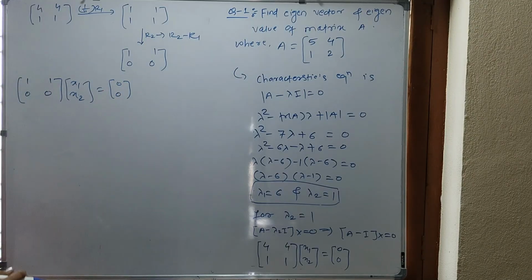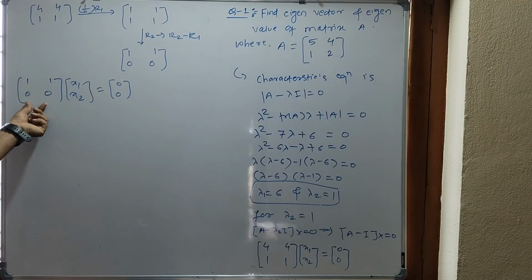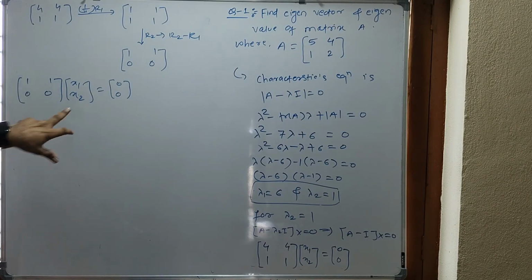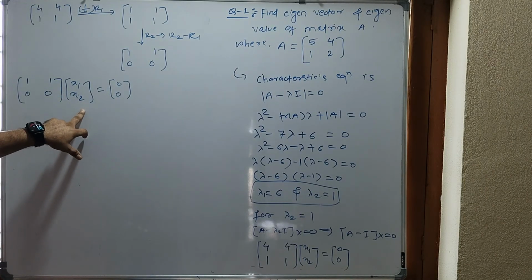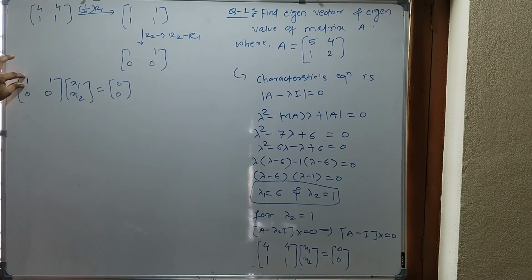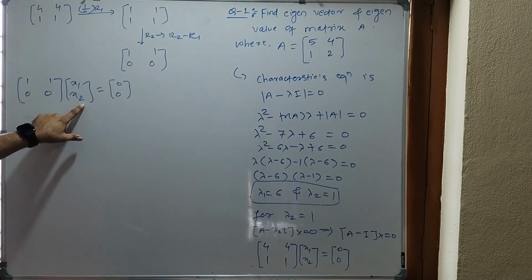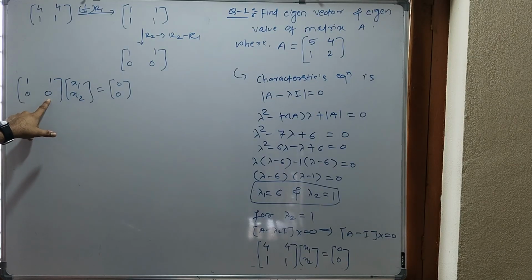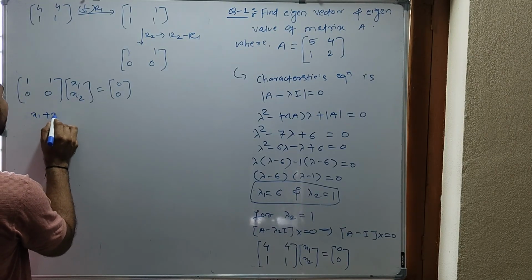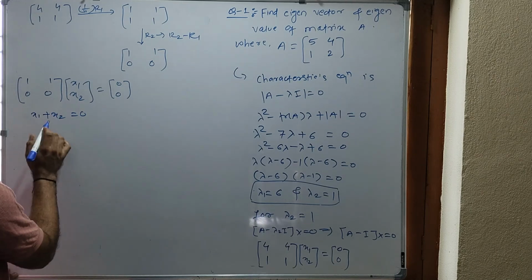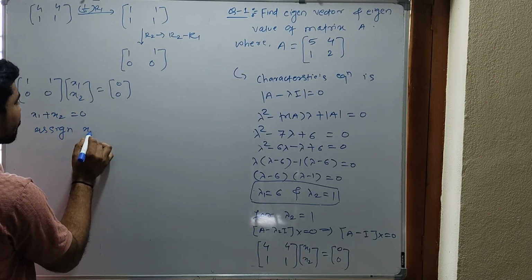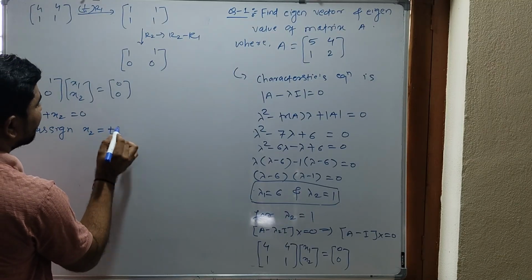Now the rank of this matrix is 1 and the number of unknowns is 2. So I want to assign one free parameter to either x1 or x2. Corresponding to x1 I have a pivot in my first column, but corresponding to x2 I don't have a pivot in column 2. So by back substitution, x1 plus x2 equal to 0, I assign x2 equal to, let's say, t.